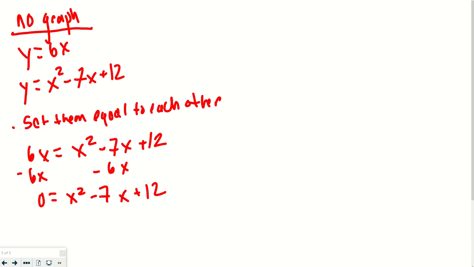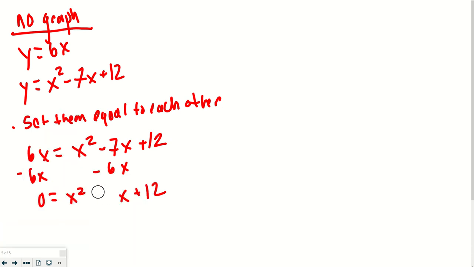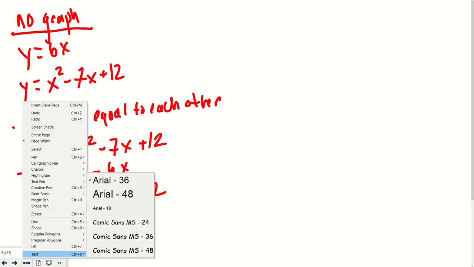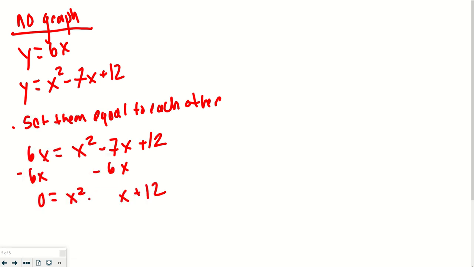So now, oh wait, hold on. That's not minus 7x. That should be minus 13. Okay, my bad. Okay, so now, what multiplies to positive 12 but adds to negative 13? Well, I know 12 times 1 is 12.